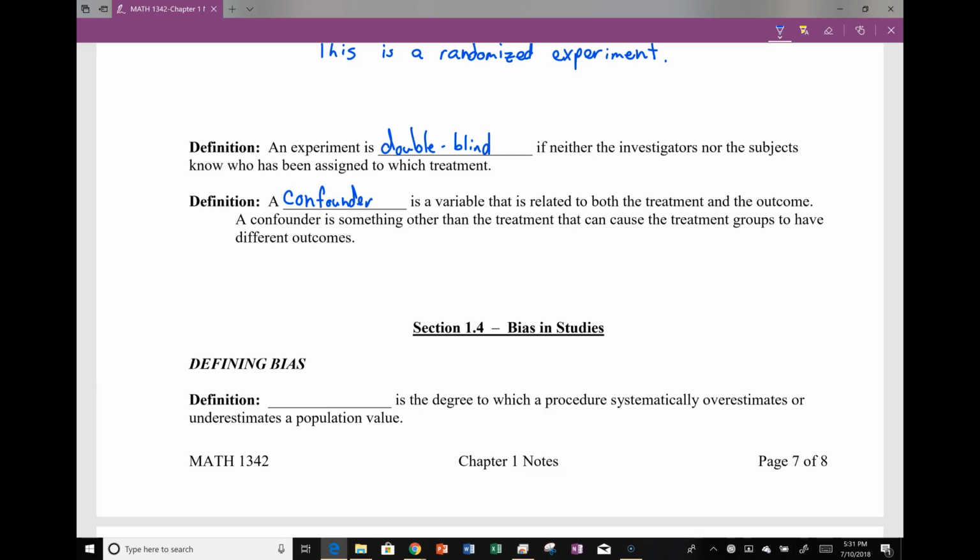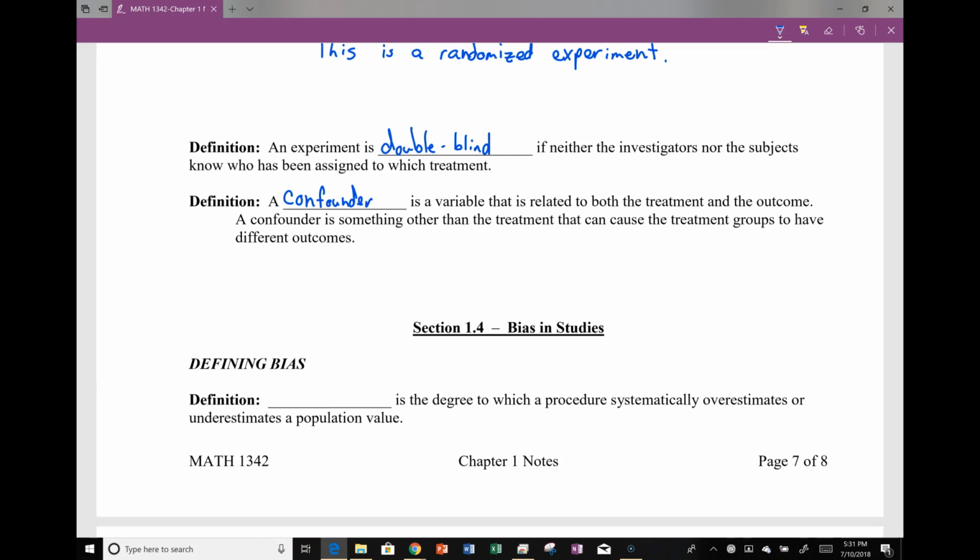So let's think about different medications. The different medications do not affect everybody the same way. For example, males and females, they automatically have different hormones and hormone levels.